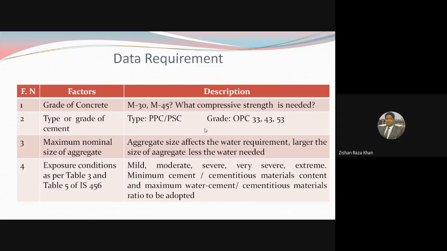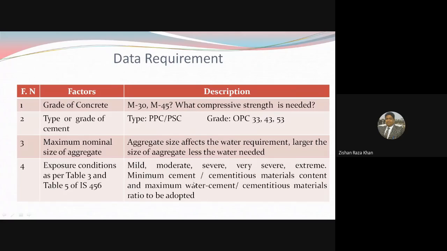The fourth important factor is exposure conditions. Exposure conditions are given in table 3 and table 5 of IS 456, and if you have IS 456, I recommend that you please open it. In this table, the exposure condition is defined as mild, moderate, severe, very severe, extreme.